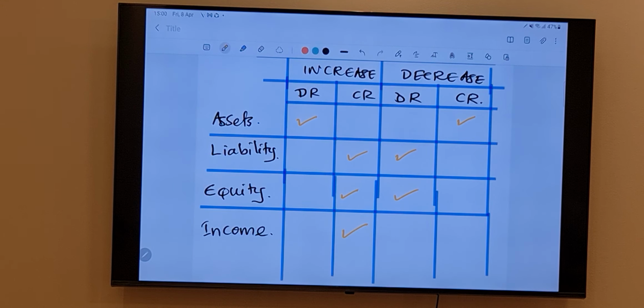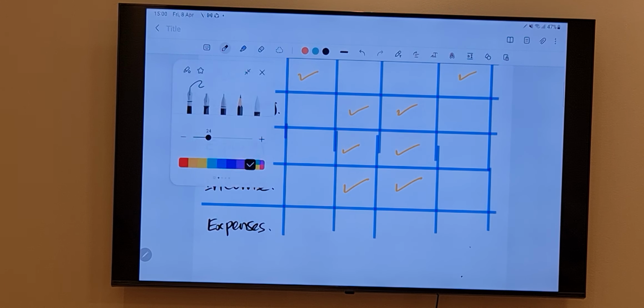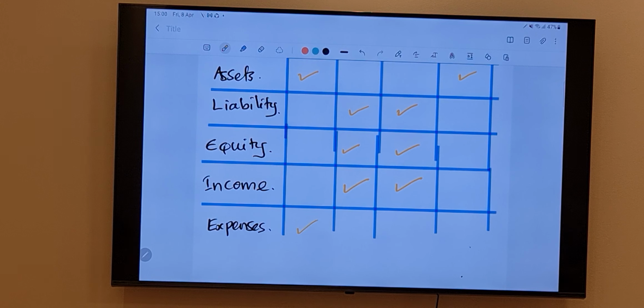Income decrease, debit. Amortization, expense. Expense increase, debit. Expense decrease, credit.